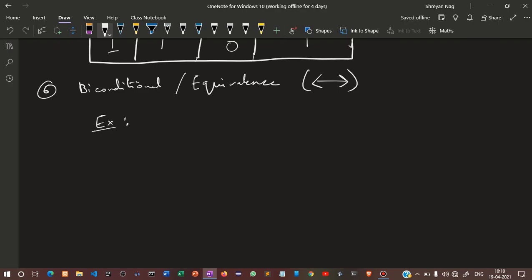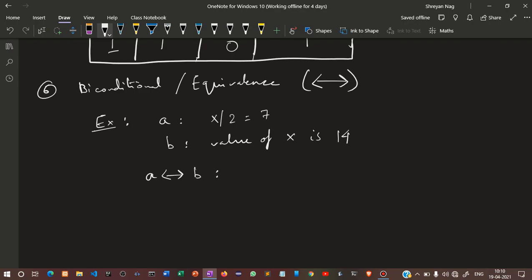So let us take an example. A: X divided by 2 equals 7, and B states that value of X is 14. So how do you represent this in the form of A equivalence B?